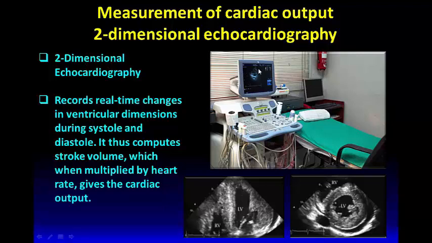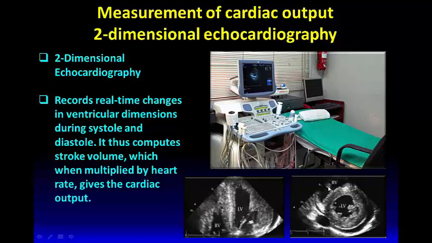Two-dimensional echocardiography, as you can see here on the monitor, records real-time changes in ventricular dimensions during systole and diastole. So here we have the left ventricle during systole, the same left ventricle during diastole.